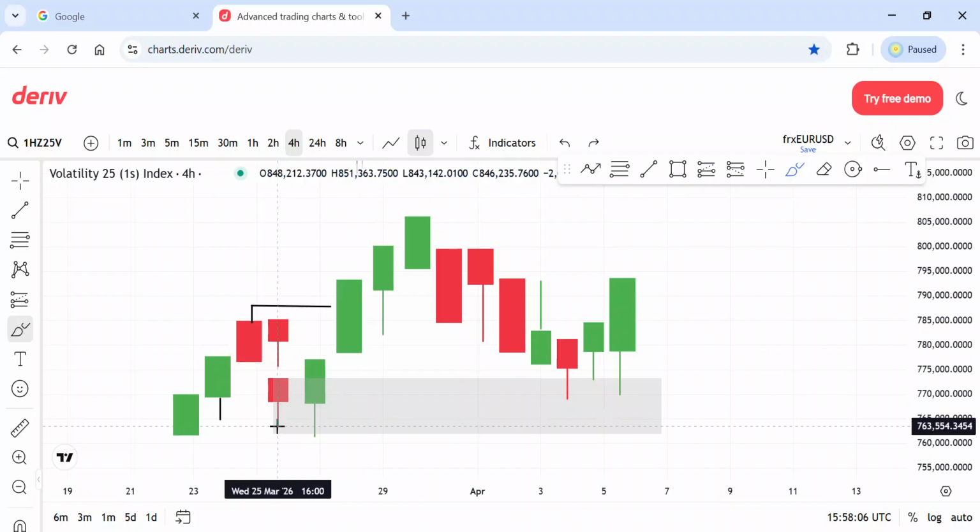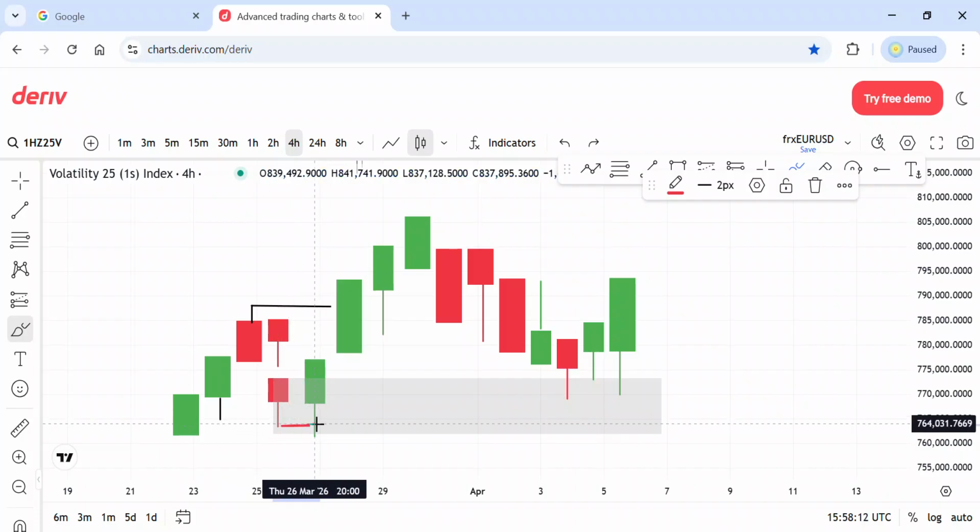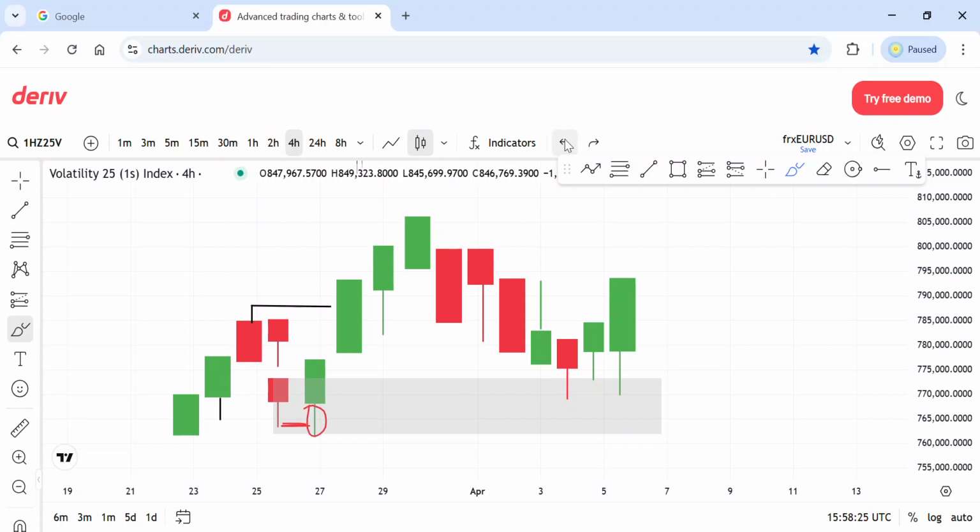Price taking out this low is what I'm talking about. That's the liquidity sweep. It might even be a liquidity run, in the sense that this candle might probably close below this one, and then you see another candle forming, something like this. But according to this illustration, let's just face the pictorial reference right here.